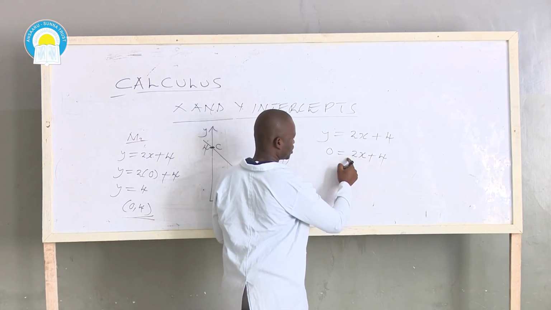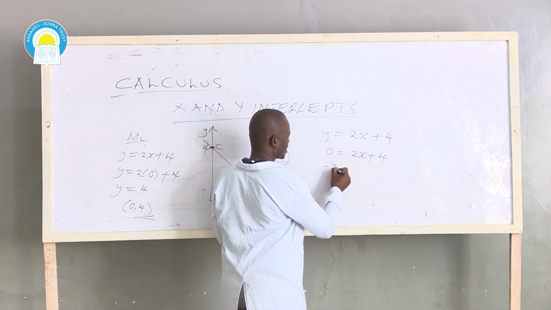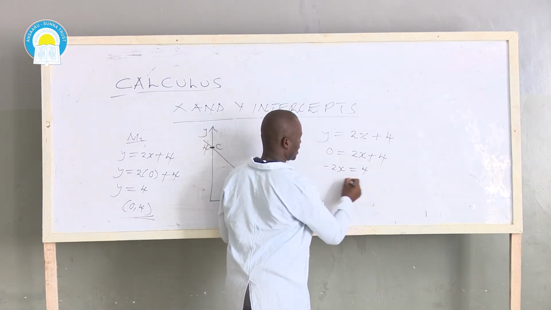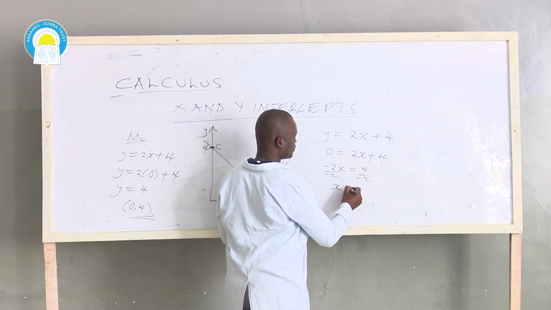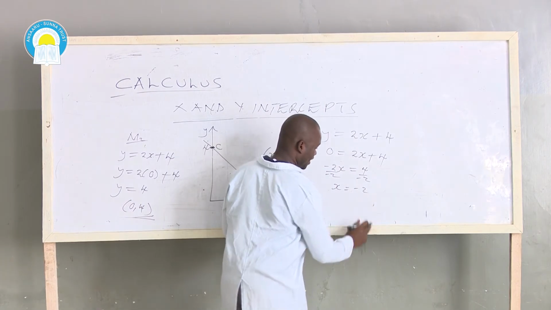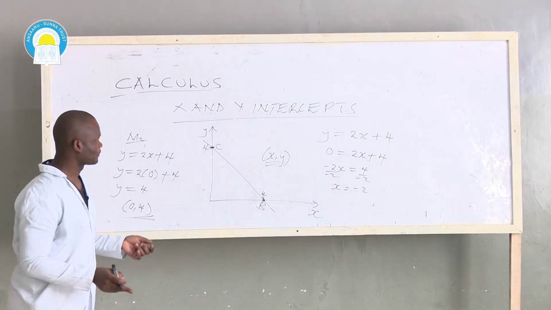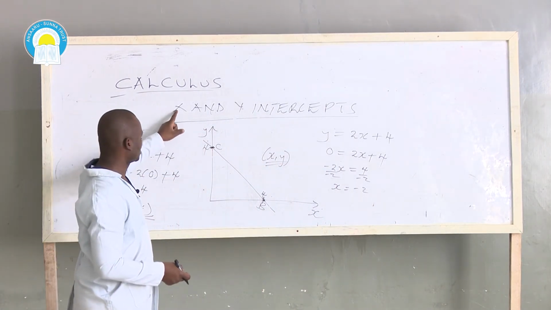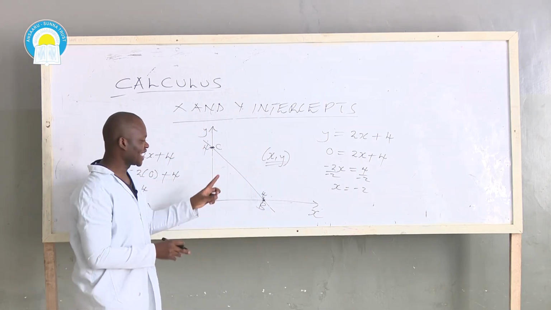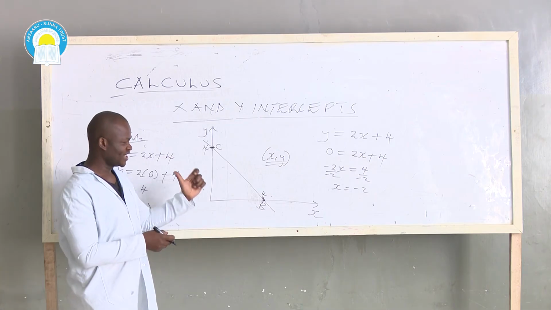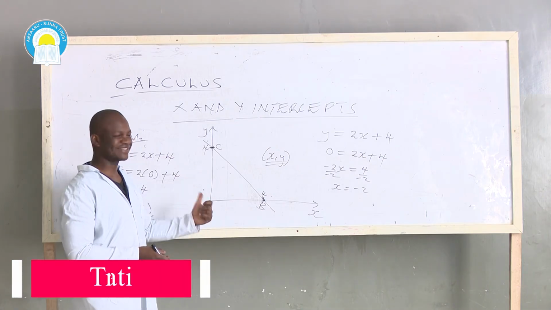Now, the term 2x here will cross to become negative on this side, and then divide through by negative 2. What do you get? Negative 2. But I'm insisting, what was the definition? X-intercept is a point where a given line cuts the x-axis.